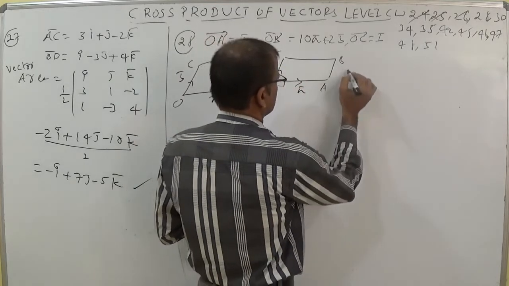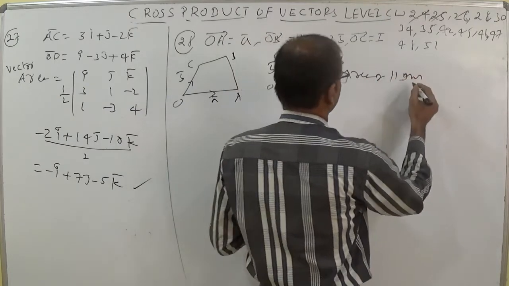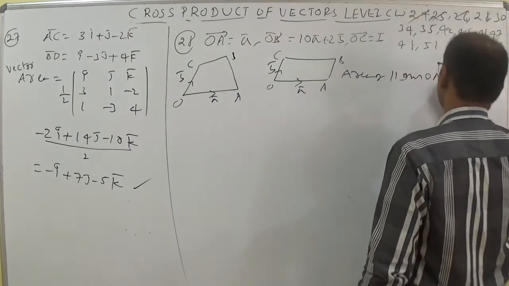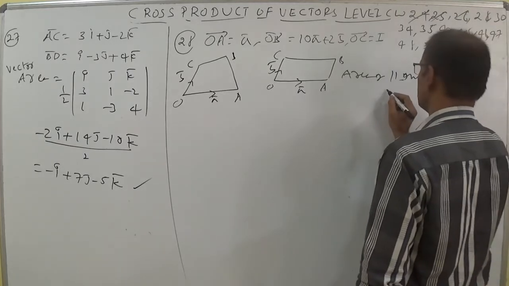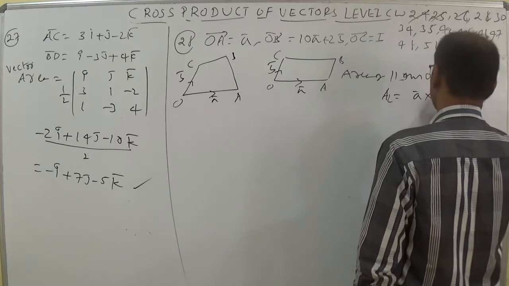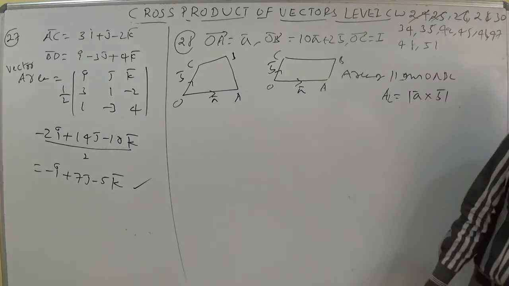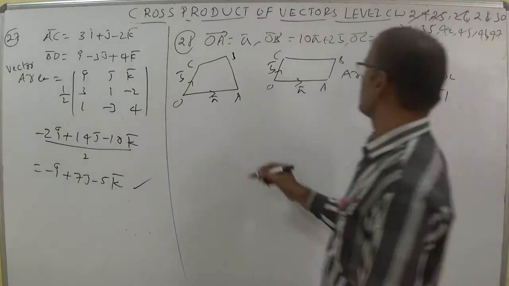We know the area of a parallelogram having adjacent sides a bar and b bar: area of parallelogram, A2, is equal to the modulus of a bar cross b bar. Now let us discuss this area.